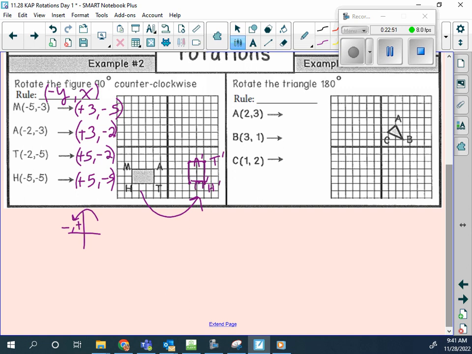The last one, 180. Do I flip the letters for 180s? Yes, ma'am. I flipped it, they were clockwise, but I still got the same answer. But it was counterclockwise. Yeah, but I still had the right point. You shouldn't. Because if I did it counterclockwise, then that would be first flip the letters. You said you went clockwise?